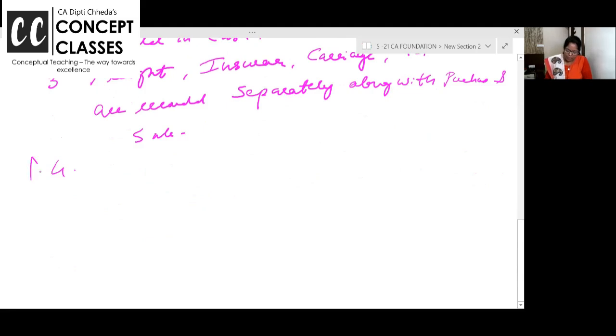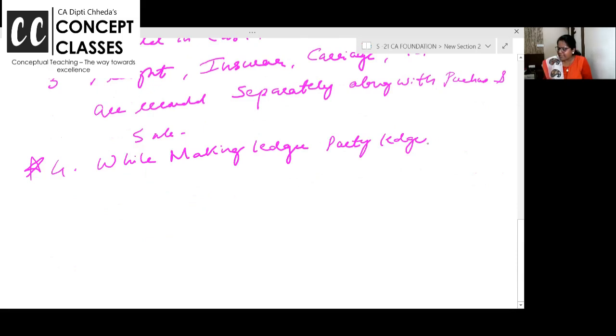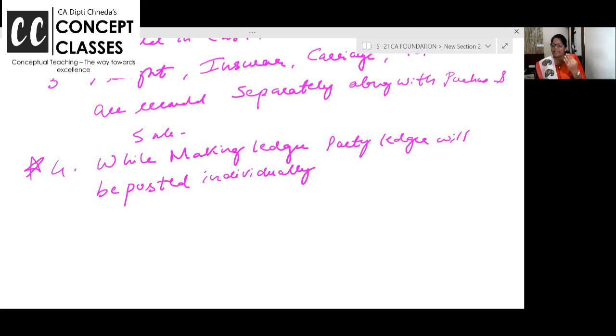Now, most important point. While making ledgers, party ledgers will be posted individually. Like this Arjun and Ajay and Tripti, they are posting individually, one entry.